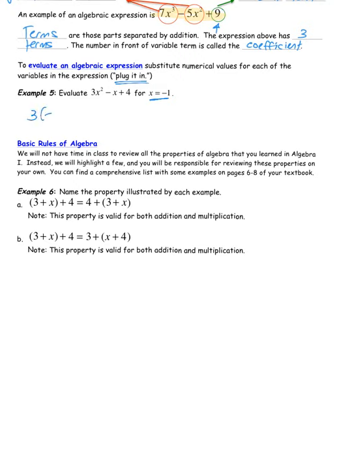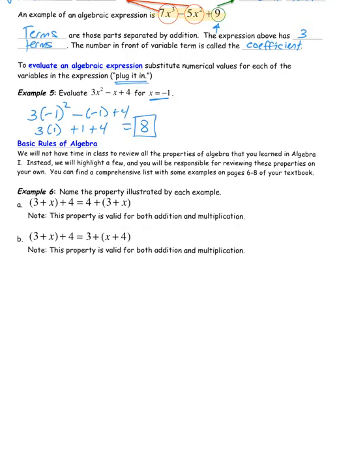So this would become 3 times the quantity negative 1 squared minus negative 1 plus 4. Simplifying this, negative 1 squared is 1, so 3 times 1 minus negative 1 is plus 1 plus 4, and that will give us 3 plus 1 plus 4, which is 8.